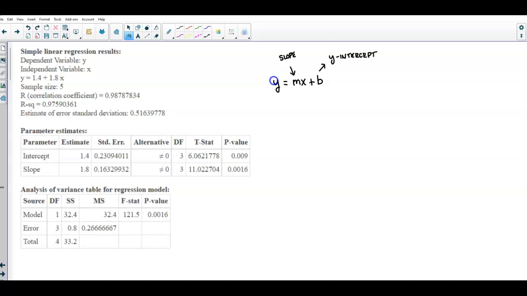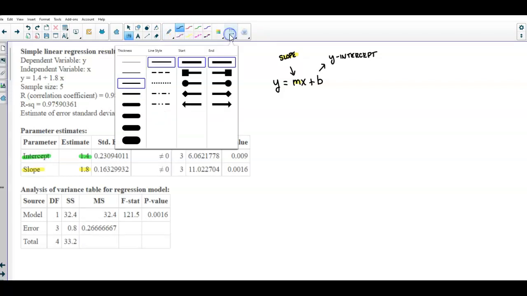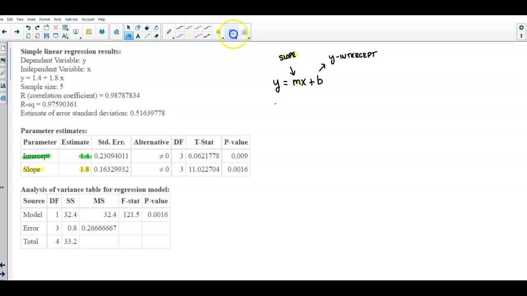From our given information, the slope is 1.8 and the y-intercept is 1.4. So let's write that equation: y is equal to the slope, 1.8x, plus the y-intercept, 1.4.